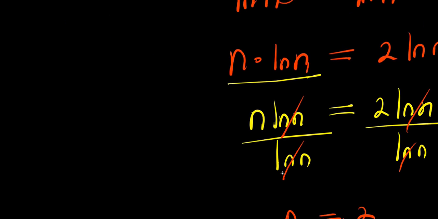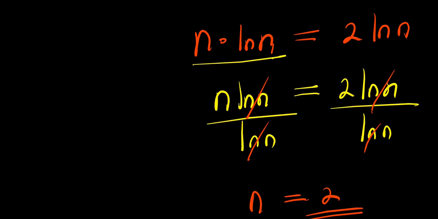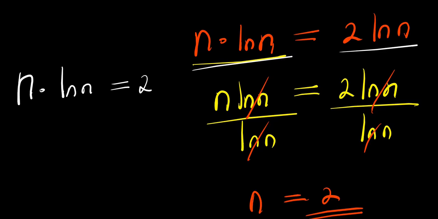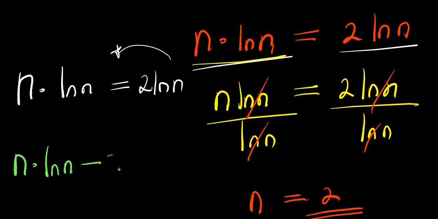I can also decide to form an equation. These are various ways that you can actually solve this. I can move this over here and it becomes negative. So we'll have n times natural log n minus 2 times natural log n equals 0.